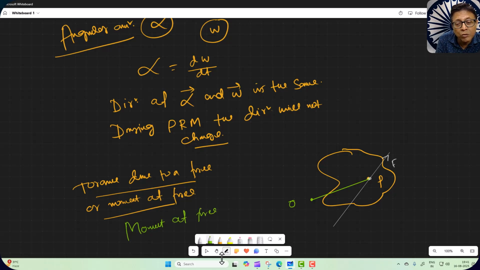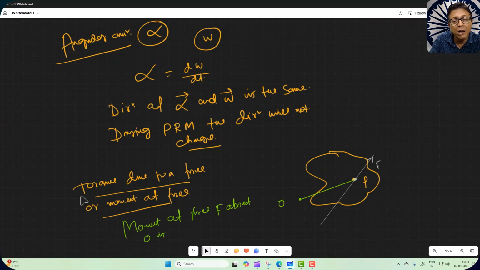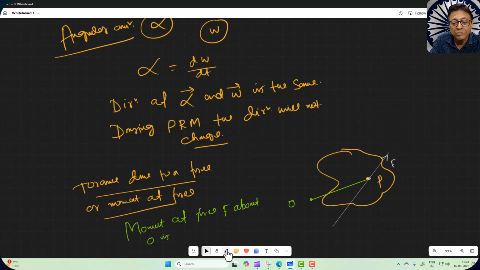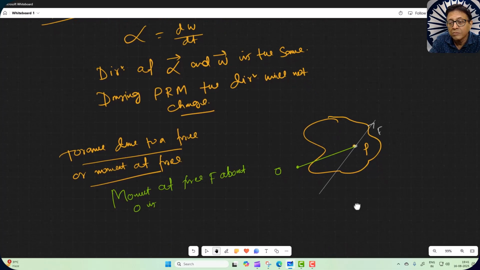Moment of force F, we have applied force at P, about O is defined as R cross F. This is your R vector, going this way.